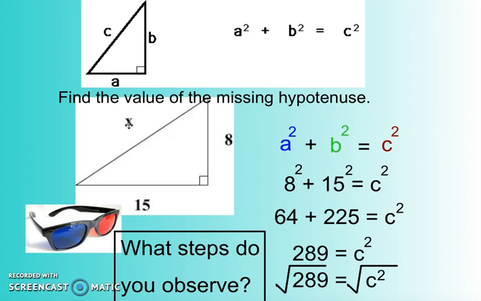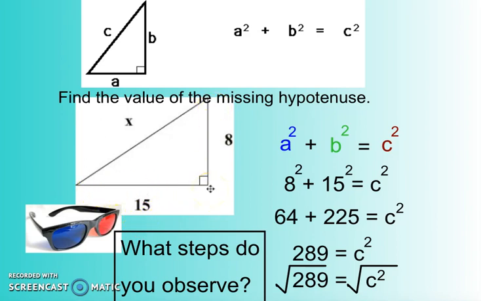What steps do you notice? Well, I noticed that we know the 8 and we know the 15. So we could call that A and B, or B and A, however you want to say it. But we know that those are the lengths of the triangle.